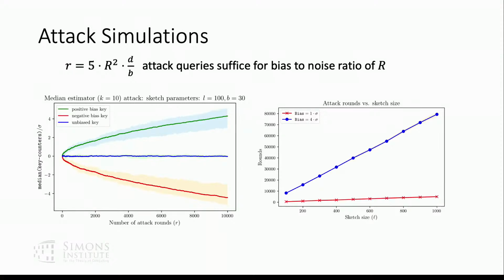So the noise can obscure heavy hitters that are a factor of R larger, because the noise would be a factor of R larger. And it's a pretty natural attack.